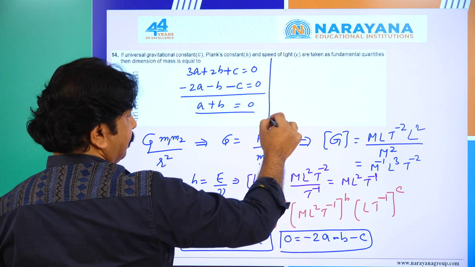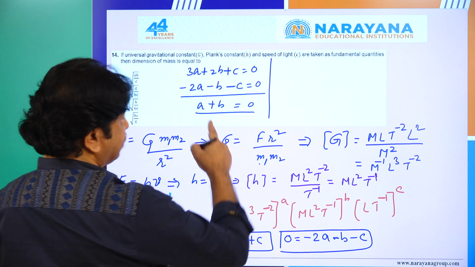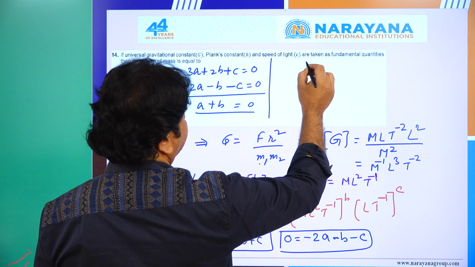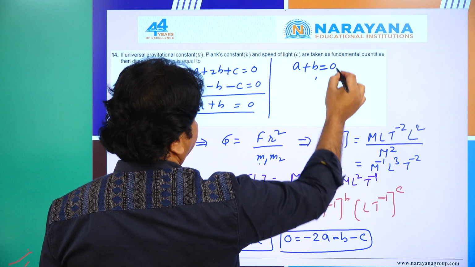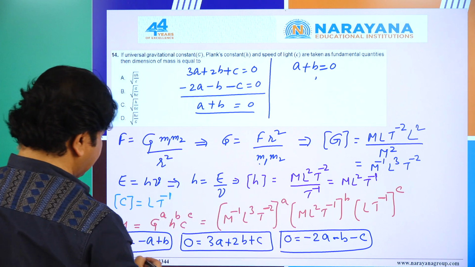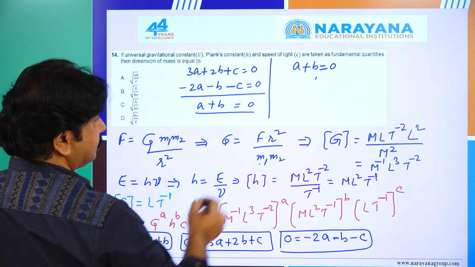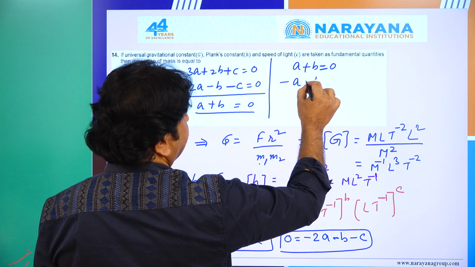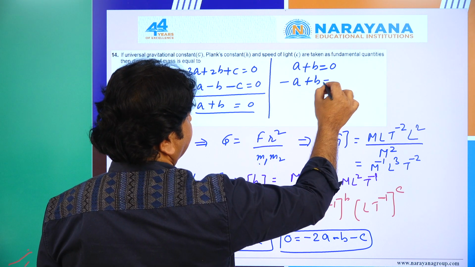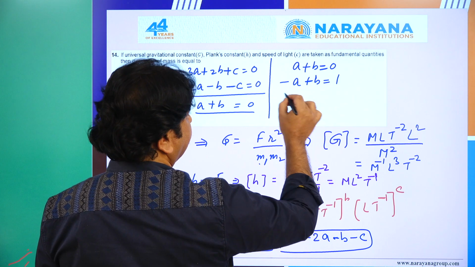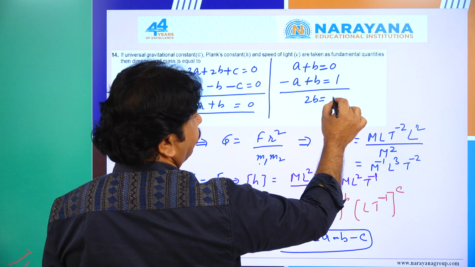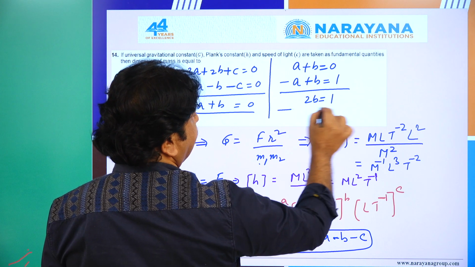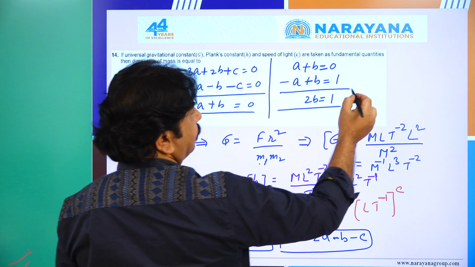And moreover, already we know a plus b is equal to 0, and minus a plus b is equal to 1. From these two equations we can write 2b is equal to 1 only.